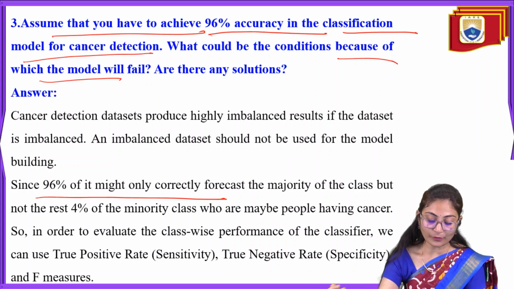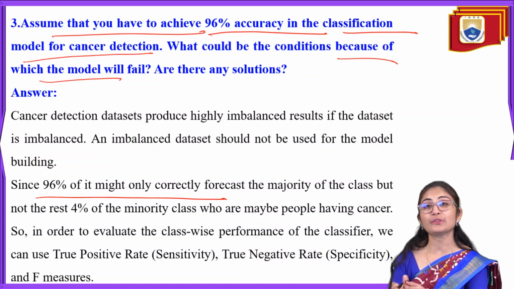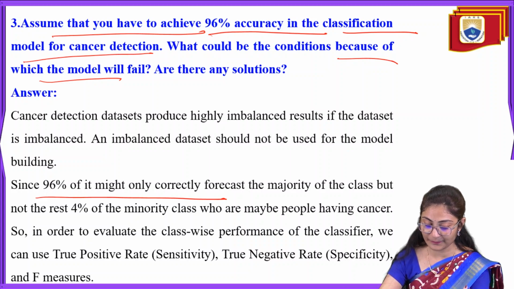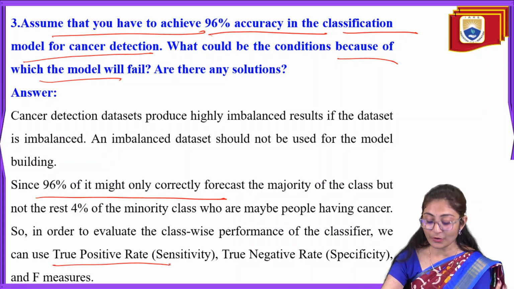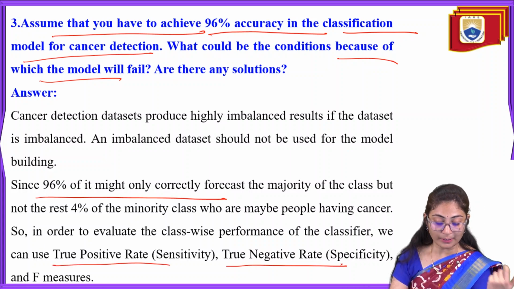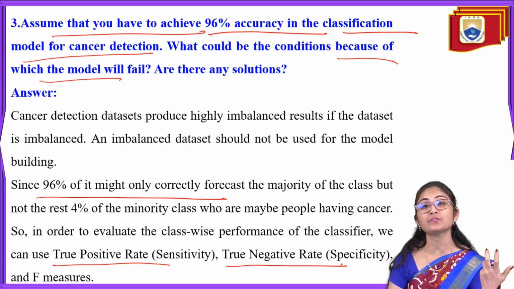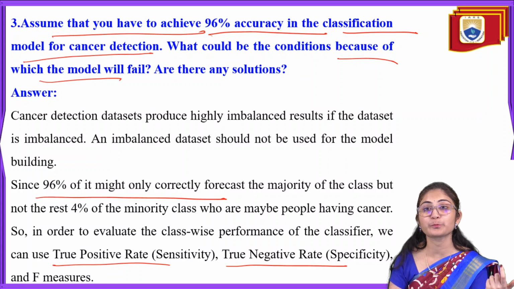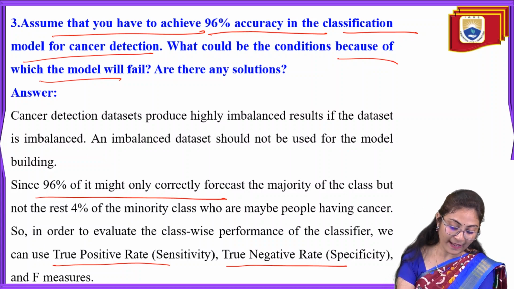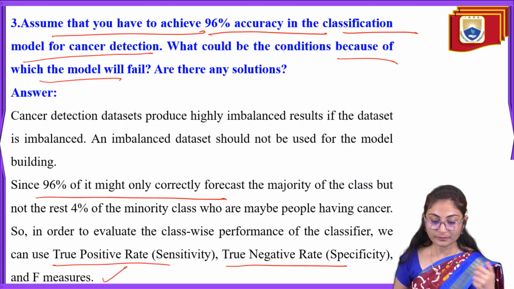So if we want to evaluate the class-wise performance of the classifier, we can use the true positive rate and true negative rate. The true positive rate shows the sensitivity, the true negative rate shows the specificity, and we can also use F-measures.